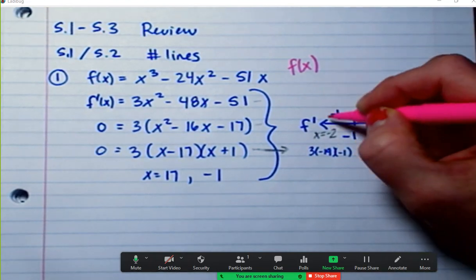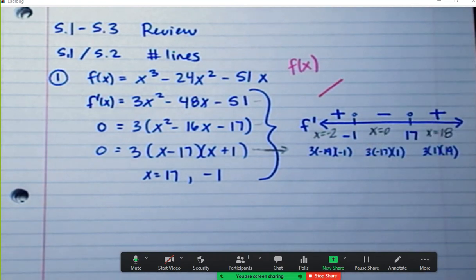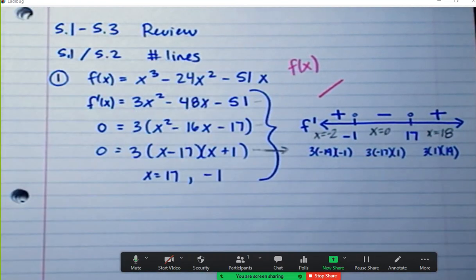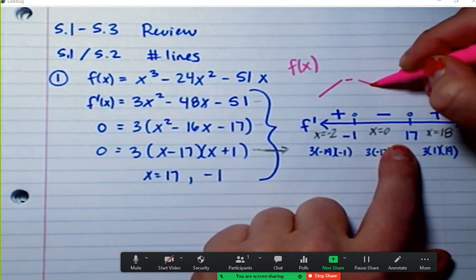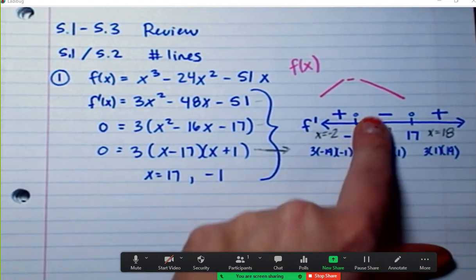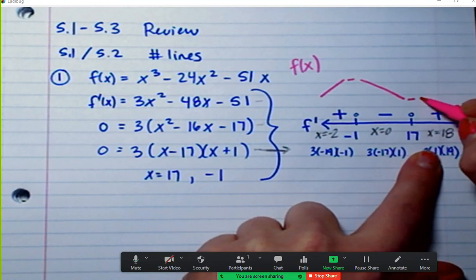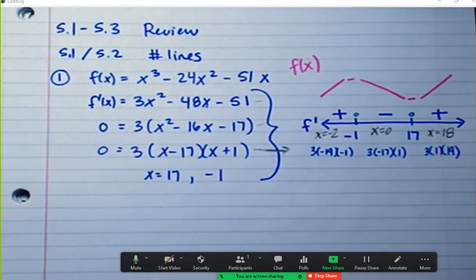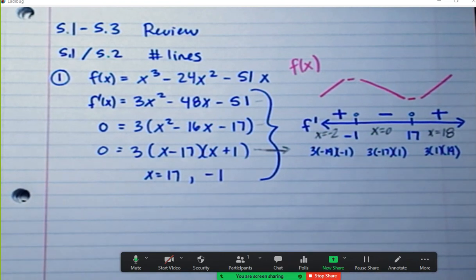So positive means that the original, that's why I'm doing it in a different color, because I'm drawing what f of x is supposed to look like based on what the number line tells me. Then it has a 0 slope. Then it's decreasing because the tangent slopes are negative. And then it's horizontal, and then it goes back up. That's what f of x looks like. It's increasing, then decreasing, then increasing.